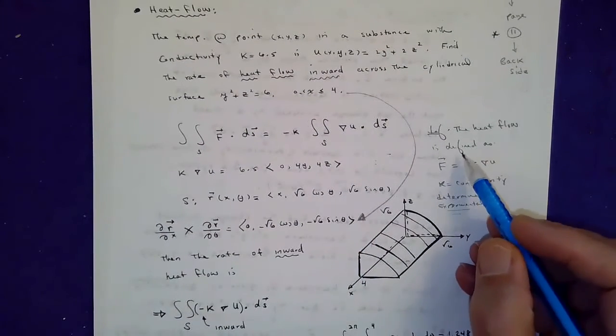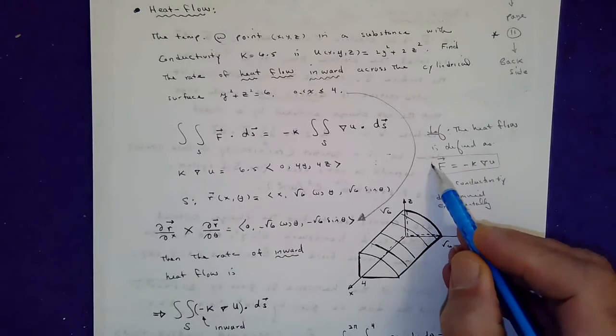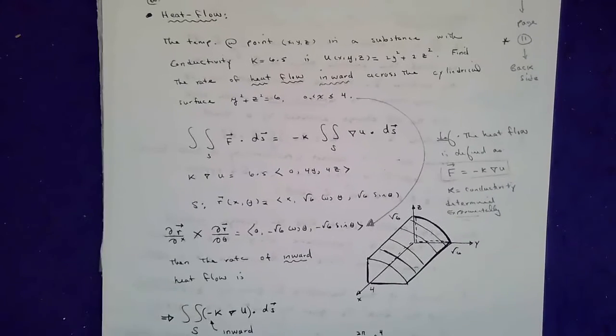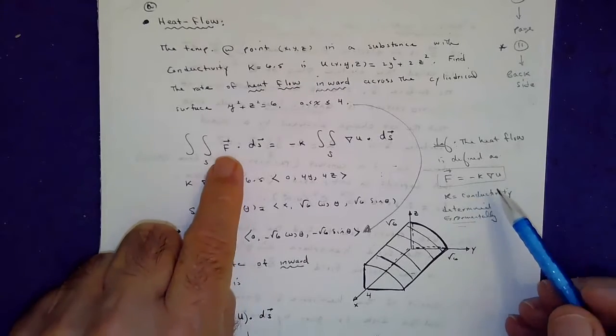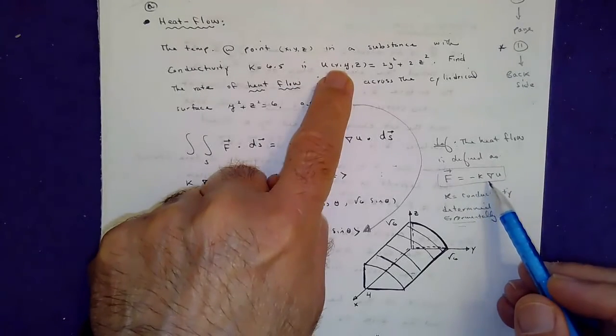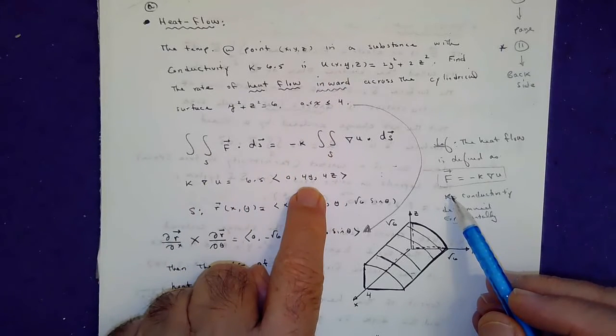However, by definition, the vector field is equal to minus k times the gradient of the temperature. This is just a definition from engineering or physics classes. So first you have to multiply negative k by the gradient of this function to get F. Once you do, you get this.